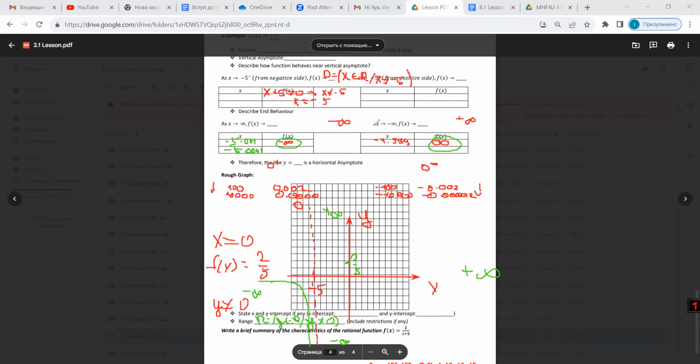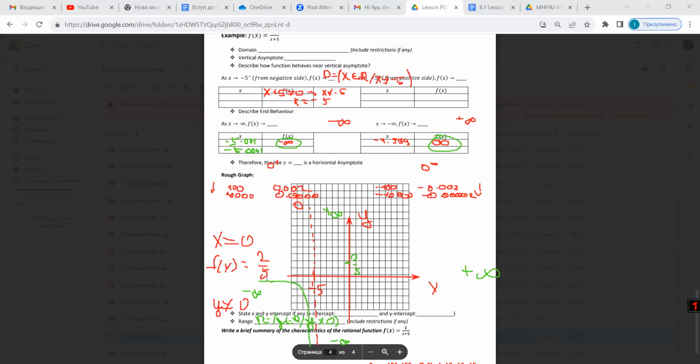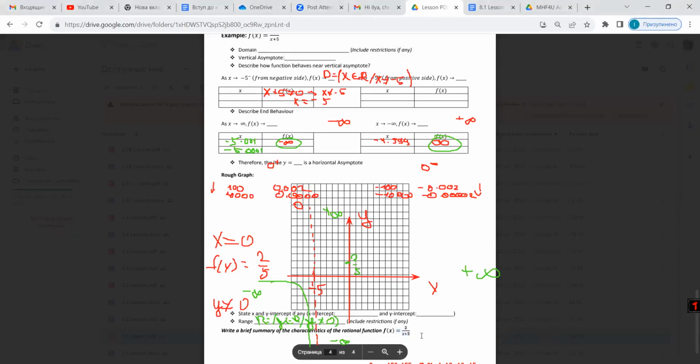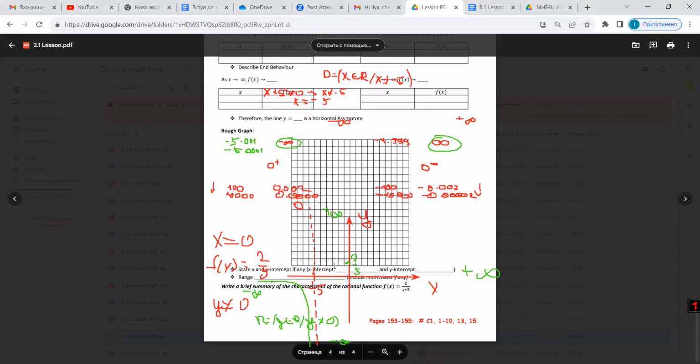And what else? We know the end behavior of this function, as well as the y-intercept of this function. These are the main characteristics that we can discover.